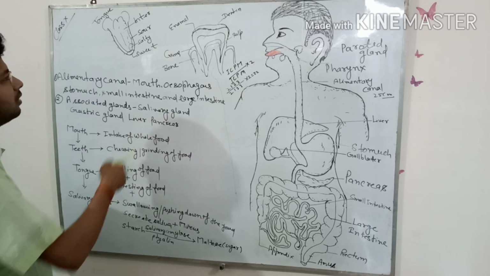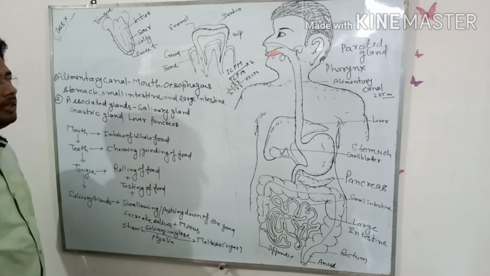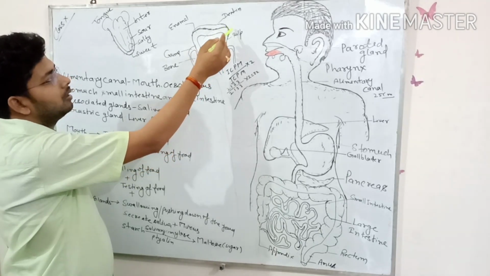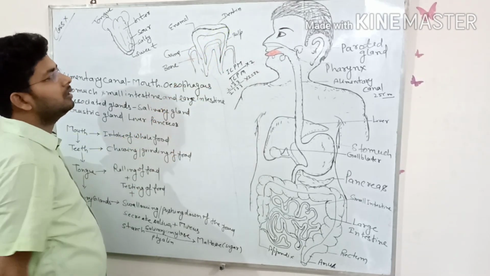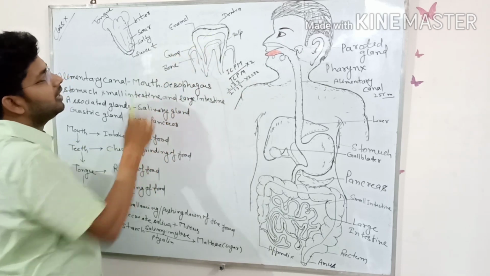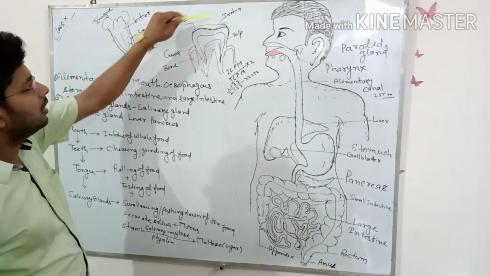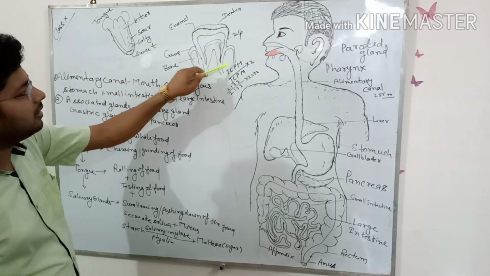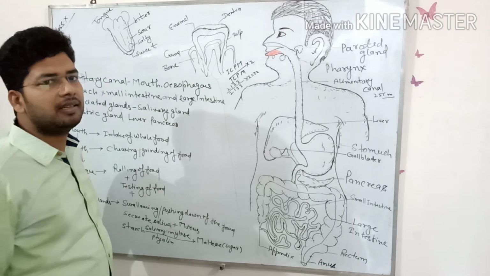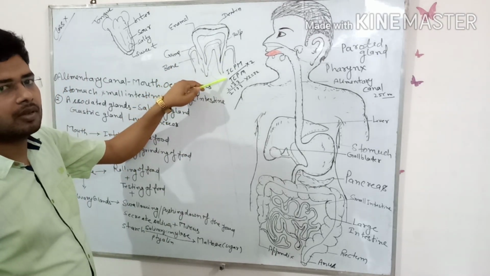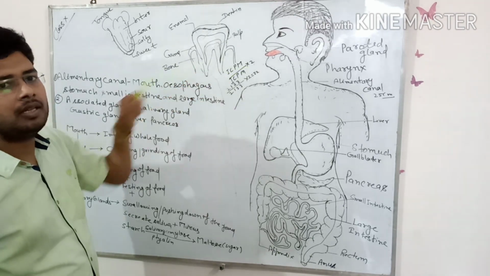So first we can go to the teeth. You can see the diagram of the teeth and we have labeled this diagram: enamel, dentine, pulp, gums, bones. And this is the dental formula, meaning the number of teeth, multiplied by 2.